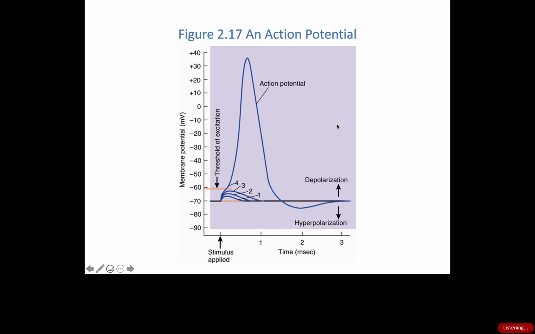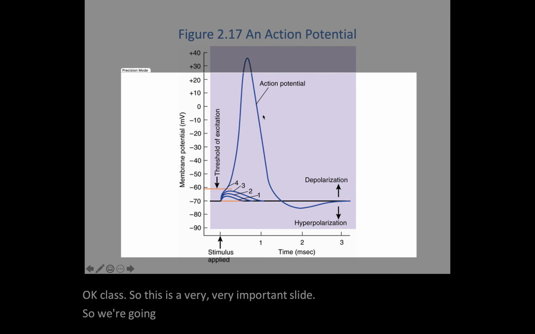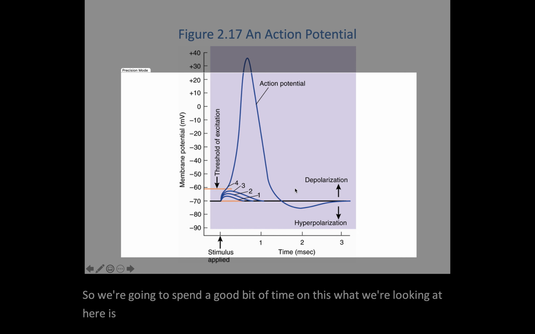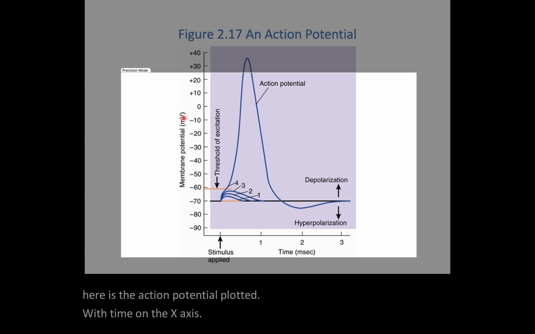Okay, class, so this is a very, very important slide. So we're going to spend a good bit of time on this. What we're looking at here is the action potential plotted with time on the x-axis and the membrane potential on the y-axis.